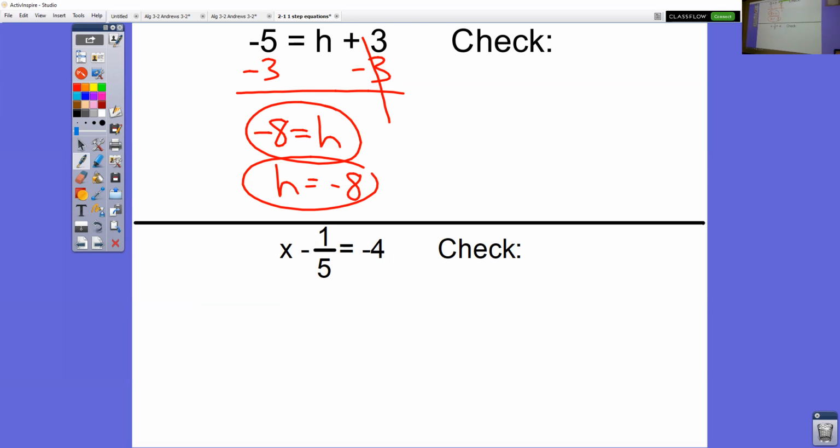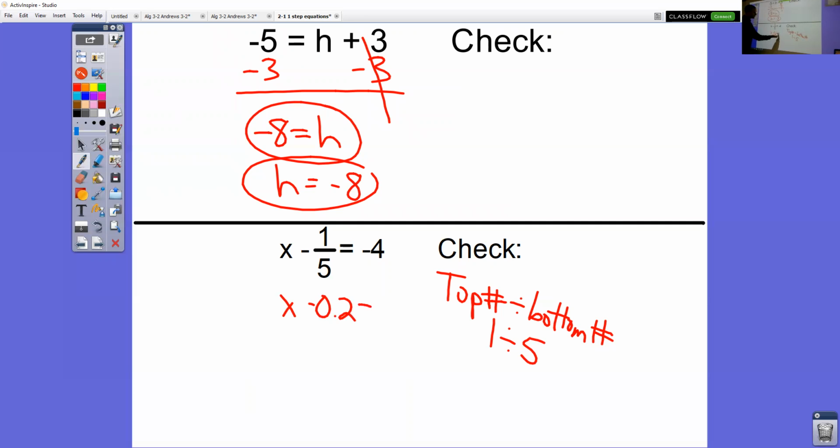Sometimes you might have fractions. Anytime that you have a fraction, I would change the fraction into a decimal. You do that by doing the top number divided by the bottom number. So in this case, I'm going to do 1 divided by 5. 1 divided by 5 is 0.2.